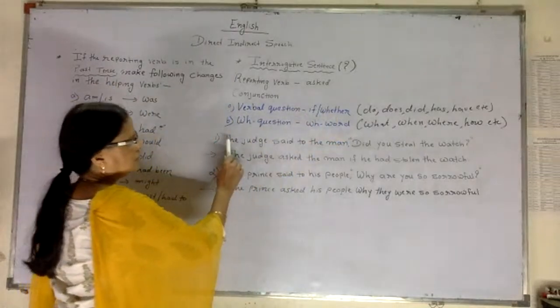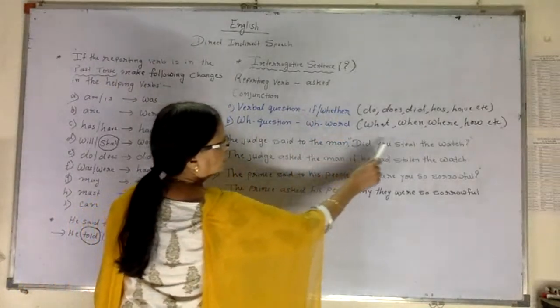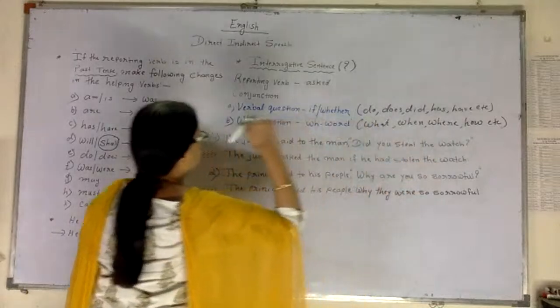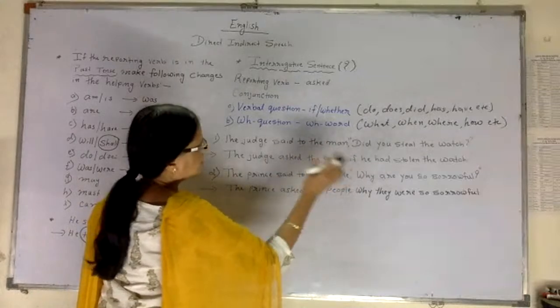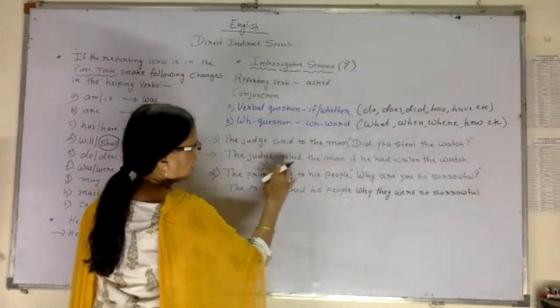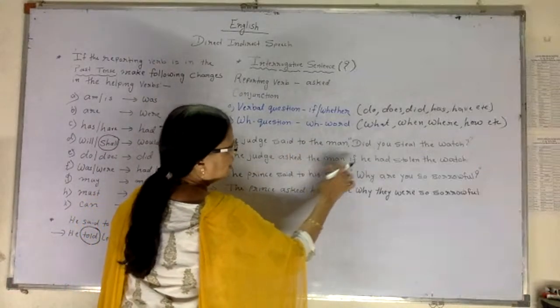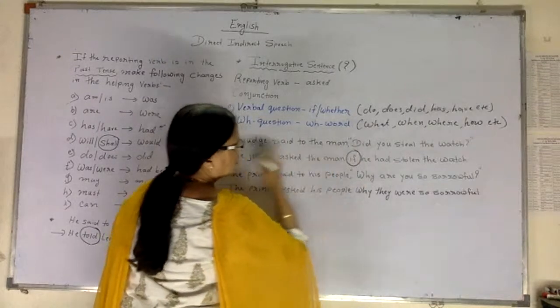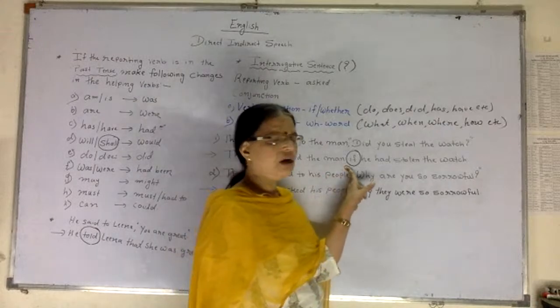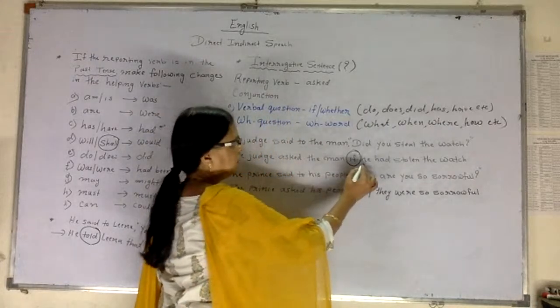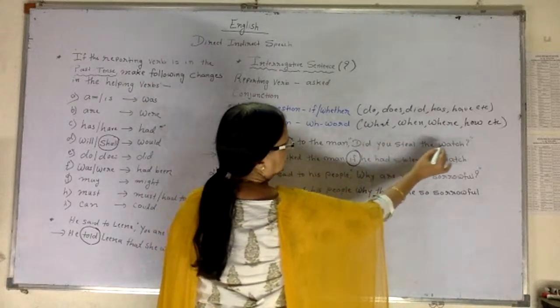Now see, the judge said to the man, did you steal the watch? The judge is asking. It is an interrogative sentence. So the judge asked the man. Now because it is a verbal question, you can use if, or if you wish, you can use whether. If he. Now how about you steal the watch?